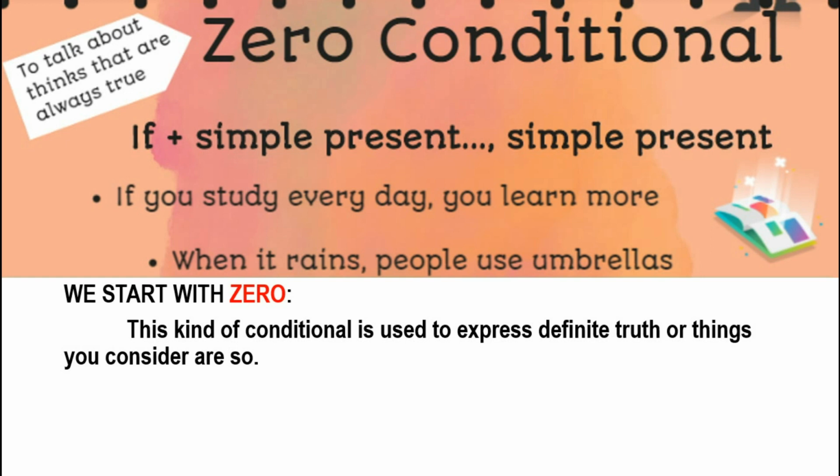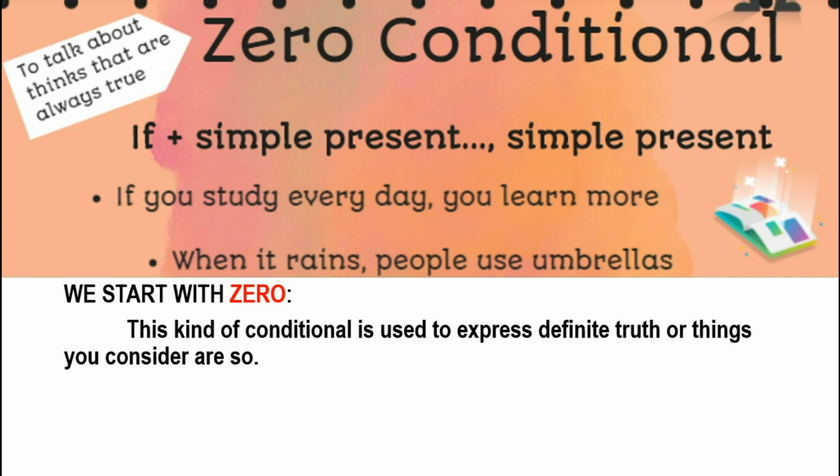This conditional is used to talk about things that are always true, or at least that is the grammar concept given to it. It deals with the idea of something that is always true. But we will see now, as we study the function, that this may prove not to be 100% accurate.